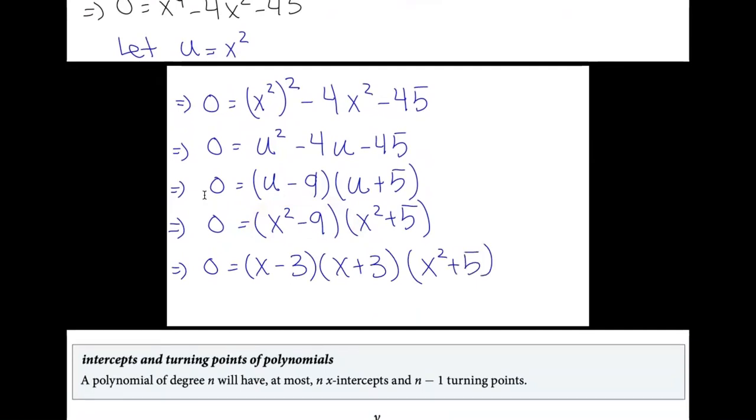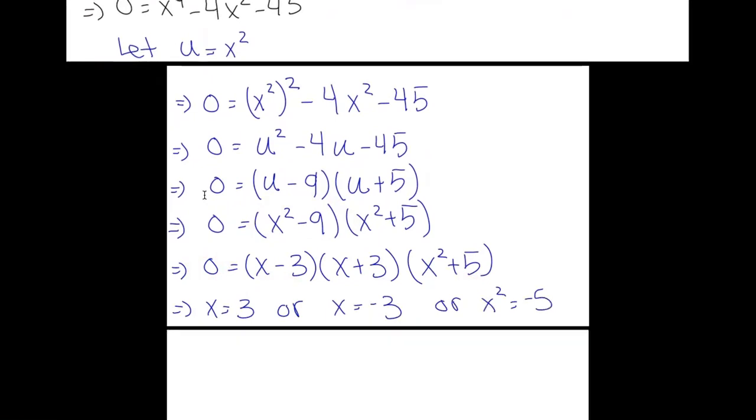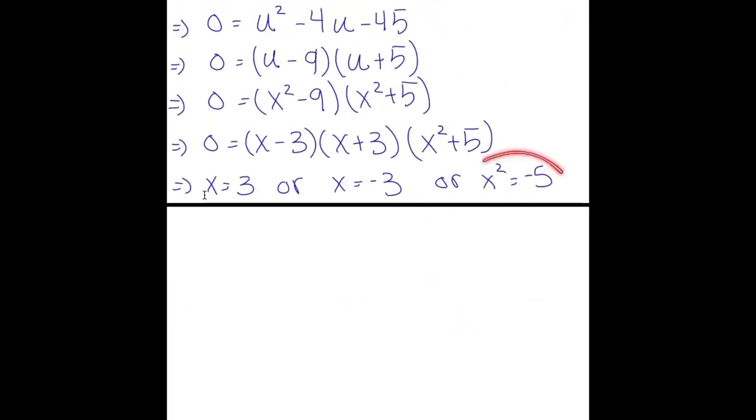All right, now we have 3 things multiplying to give me 0. Let's solve for them. So this tells me x can be positive 3, or x can be negative 3, or x squared can equal -5. Well, if I were to take the square root of -5, I'll end up getting an imaginary solution.